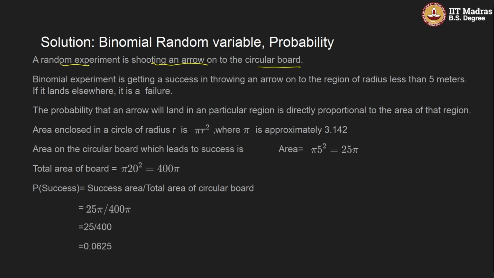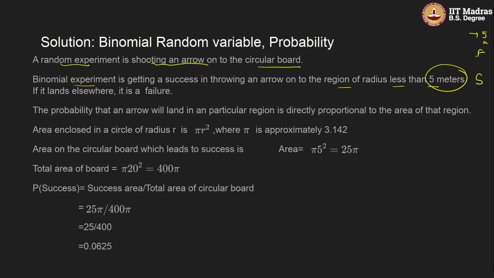The binomial experiment is getting a success in throwing an arrow into the region of radius less than 5 meters. If you throw an arrow in the region of radius less than 5 meters, it is a success, and if we throw an arrow beyond the region of 5 meters, it is a failure.